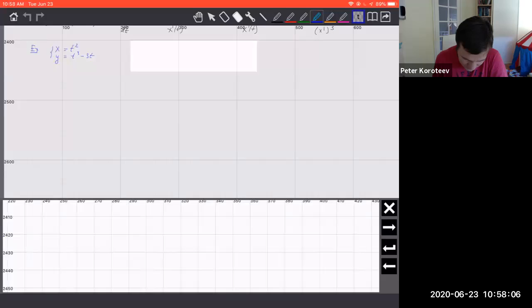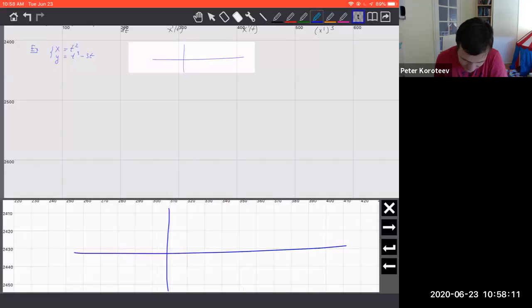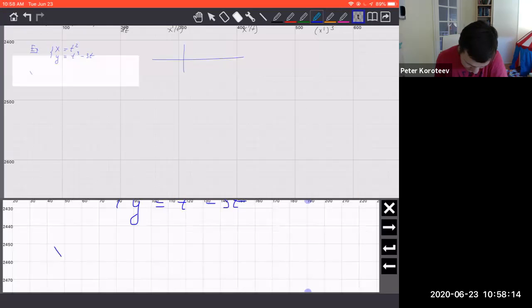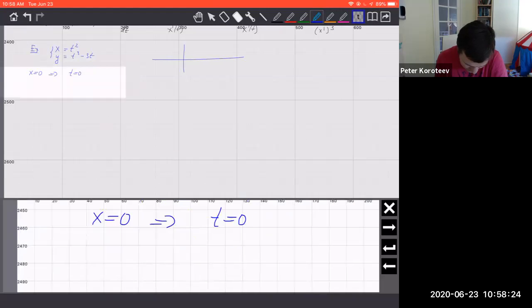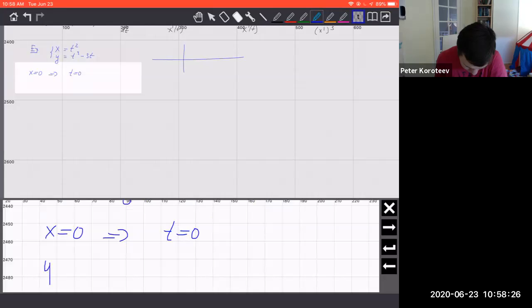Maybe we can start off with finding the intercept points, where this graph intersects the x and y axes. So when x is equal to 0, then t is equal to 0. And when y is equal to 0, it's t times t squared minus 3 is equal to 0.